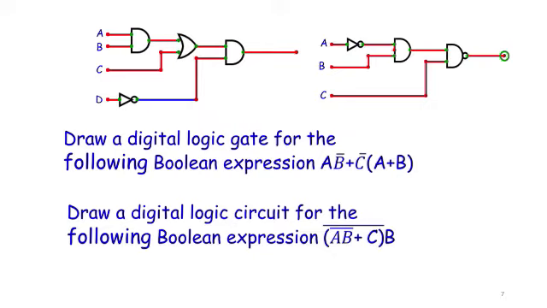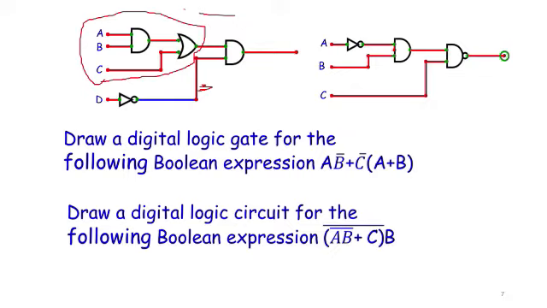So this is an AND gate between A and B. So first of all, this is the final gate, and it's an AND gate between the whole of this circuit and this particular circuit.